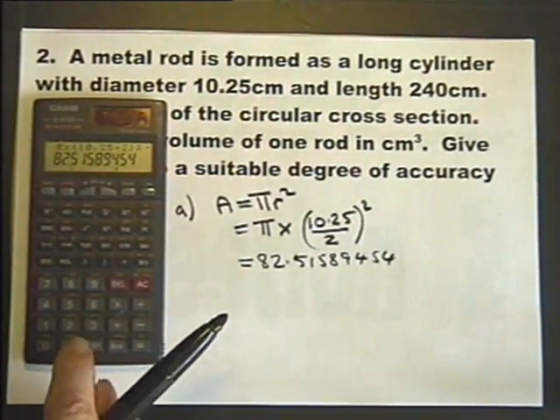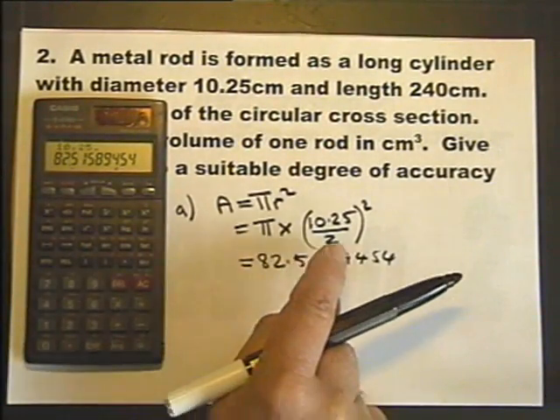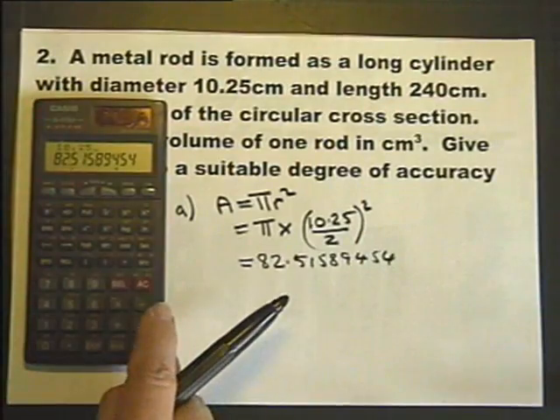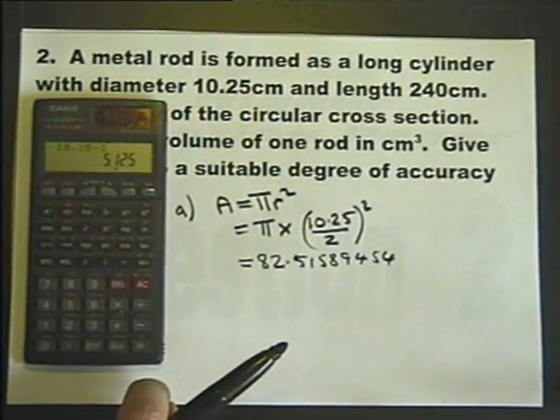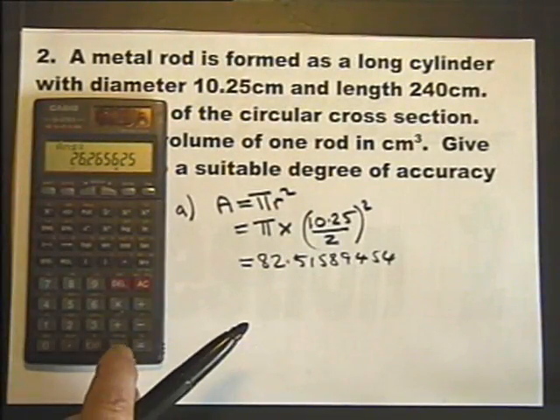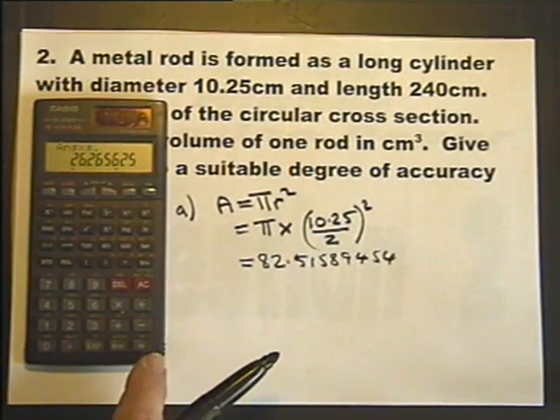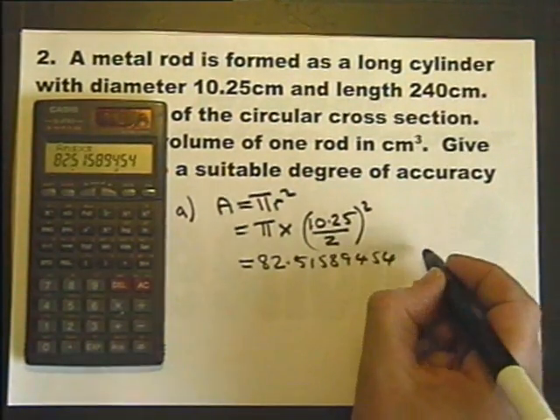So I would recommend most definitely doing this again, preferably a different way. So first off I'm going to do 10.25 divided by 2, and now let's square that answer, and now let's multiply that answer by pi. So if I do it in a different order and I get the same answer, my confidence will build.